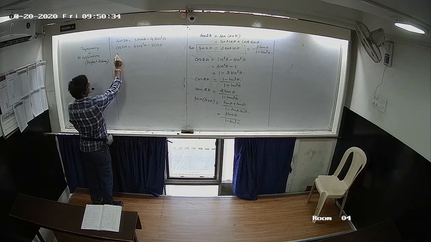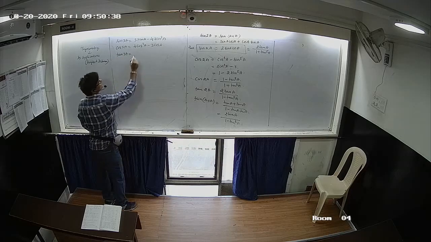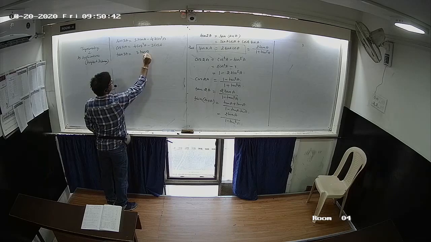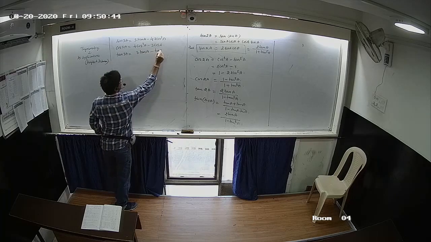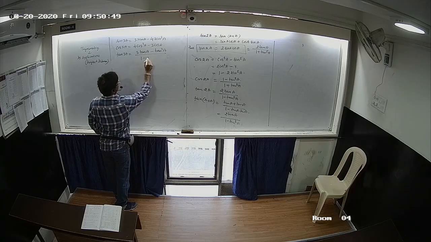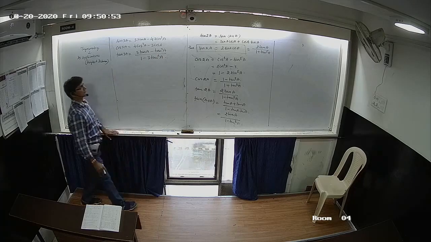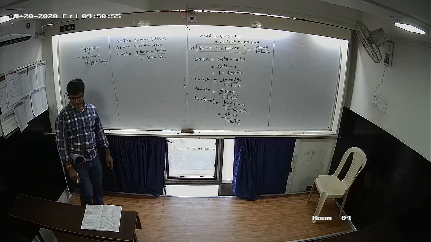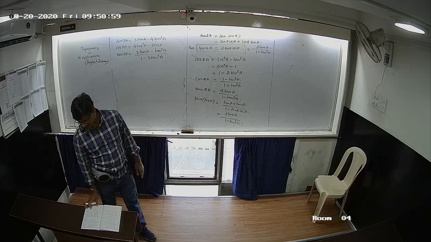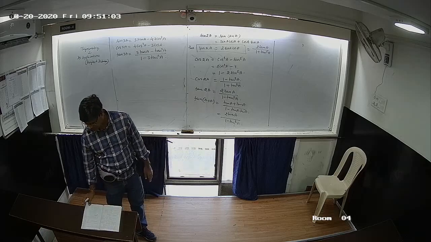And tan 3a will be equal to 3 tan a minus tan cube a by 1 minus 3 tan square a.